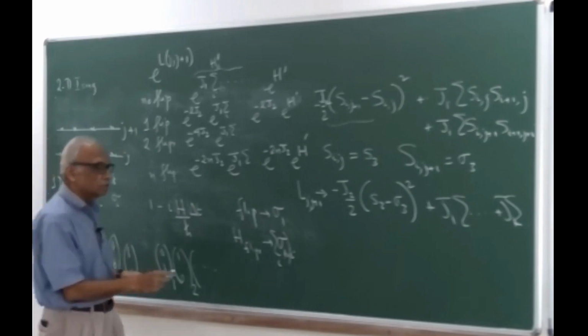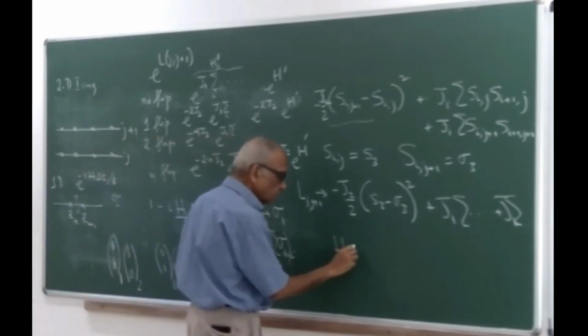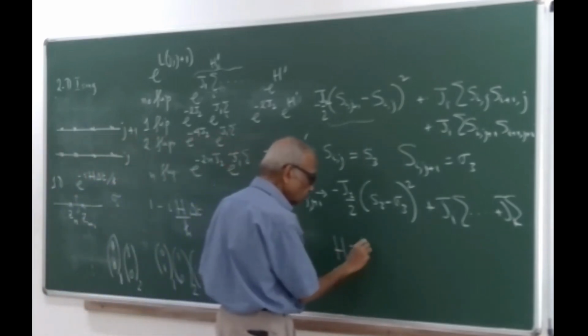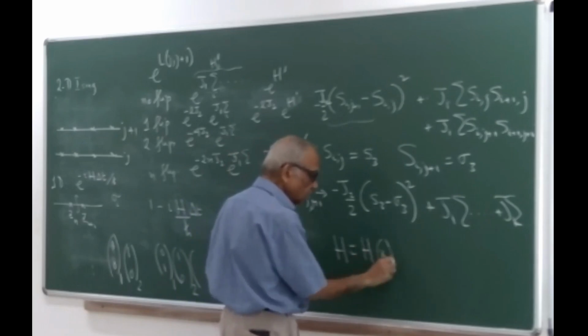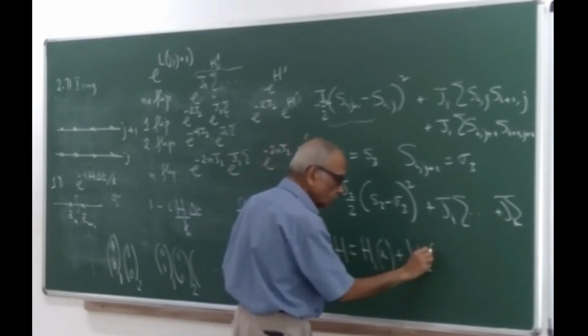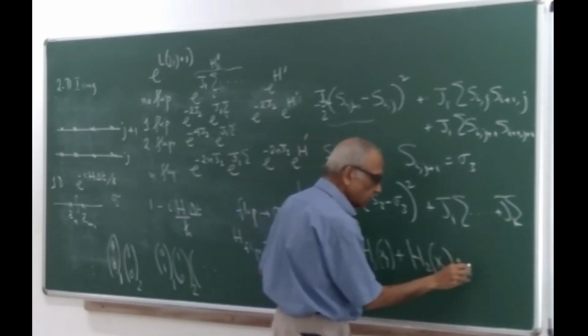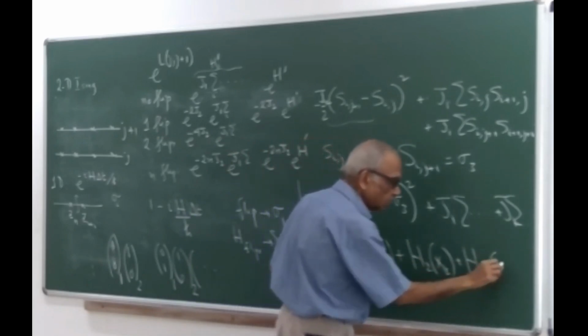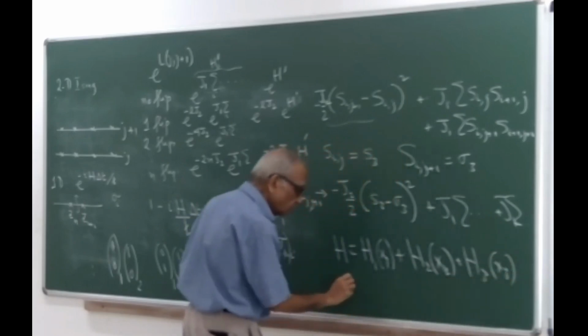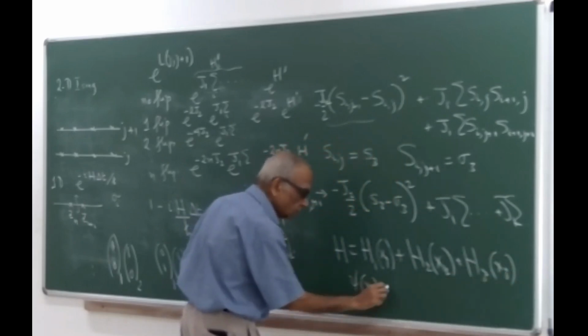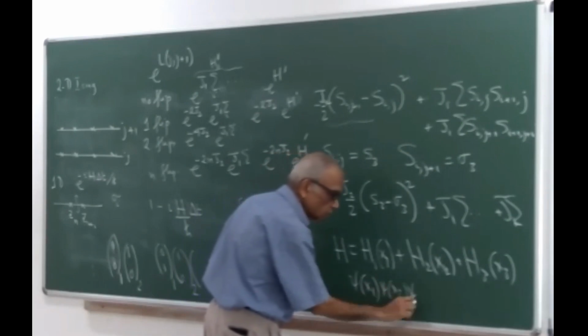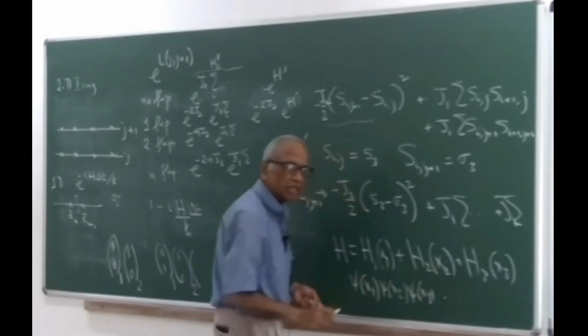If I have a Hamiltonian which is equal to, say, h1 at x1 plus h2 at x2, h3 at x3, then the wave function is psi x1, psi x2, psi x3 and so on, right?